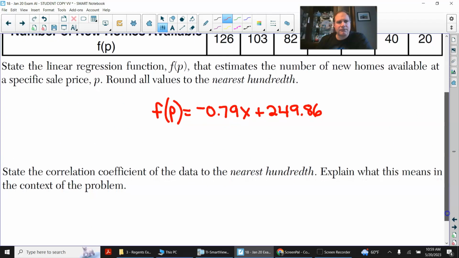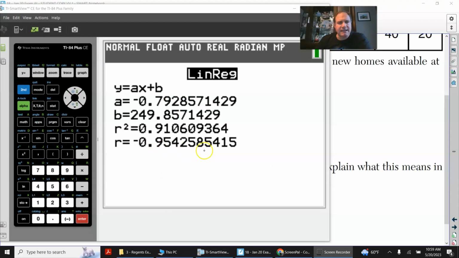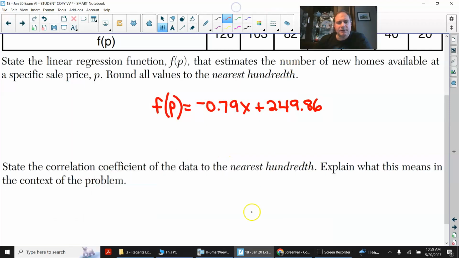And now the correlation coefficient, just remember the correlation coefficient is negative 0.95.